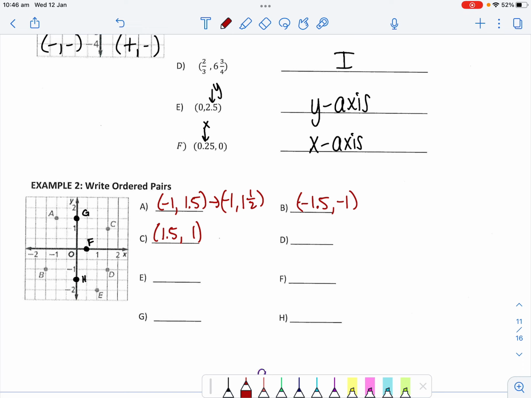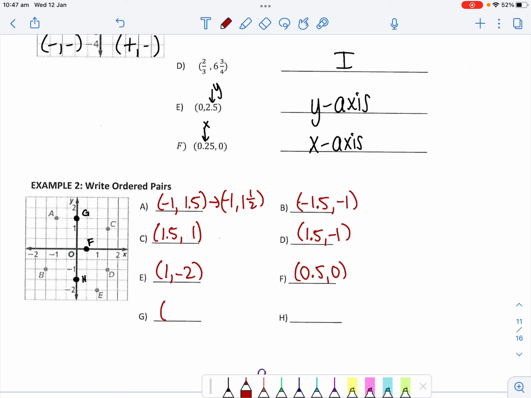For D, I'm over to 1.5 and then down at negative 1. For E, I'm at 1 and then down at negative 2. For F, I'm at 0.5, 0. So I went over to 0.5 and then stayed on the x-axis. That means that my y-coordinate is 0.